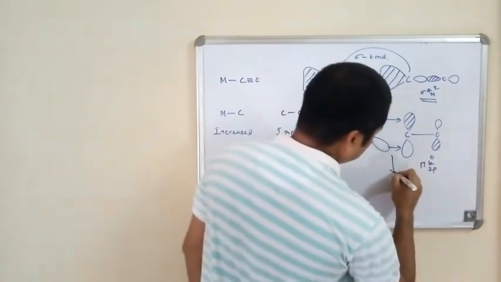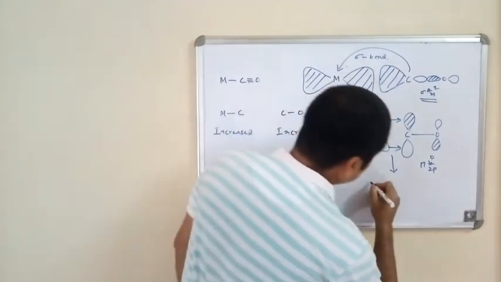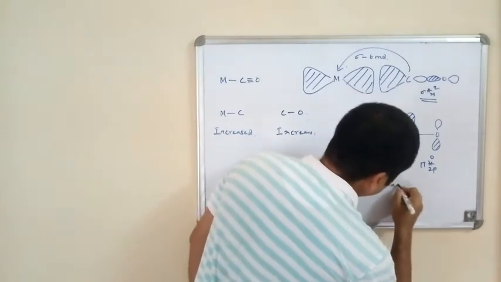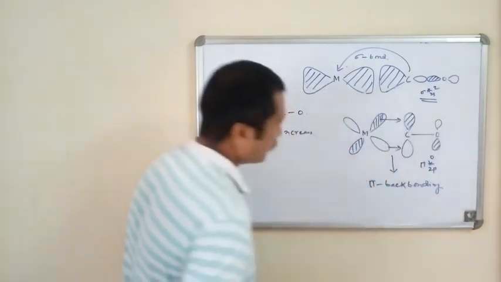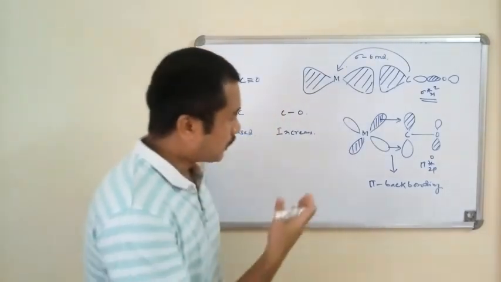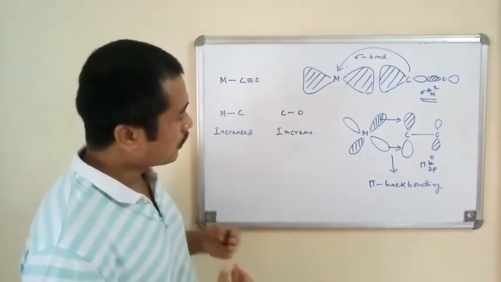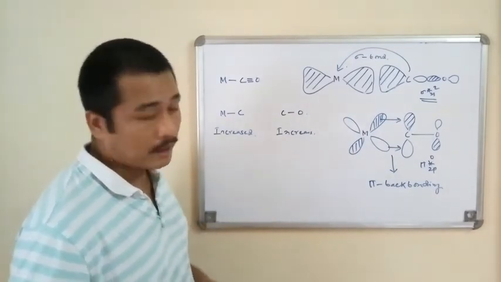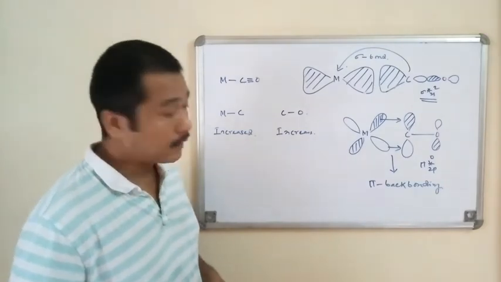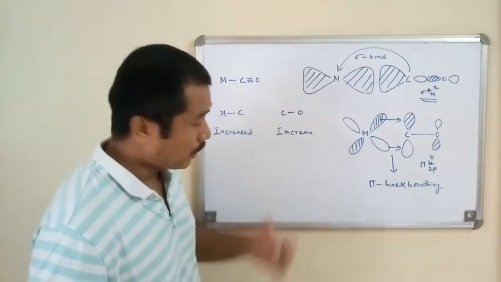And since the transfer of electron density happens from metal to carbon monoxide, that is why we call this interaction pi back bonding, and the kind of ligands which accept such electron density from metals in their empty orbitals are known as pi acid ligands, because they accept electron density from metal orbitals.